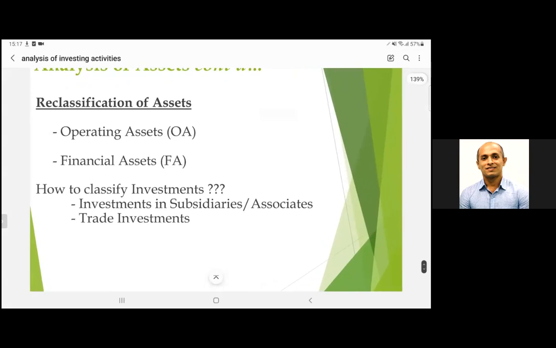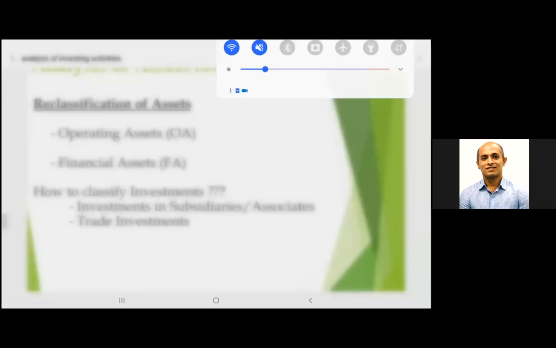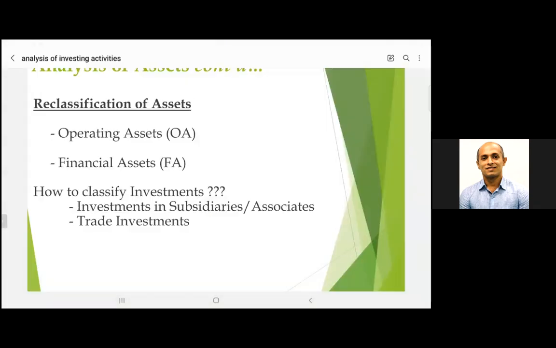Then after doing the analysis, you have to classify your assets into operating assets and financial assets, because this classification is very important.